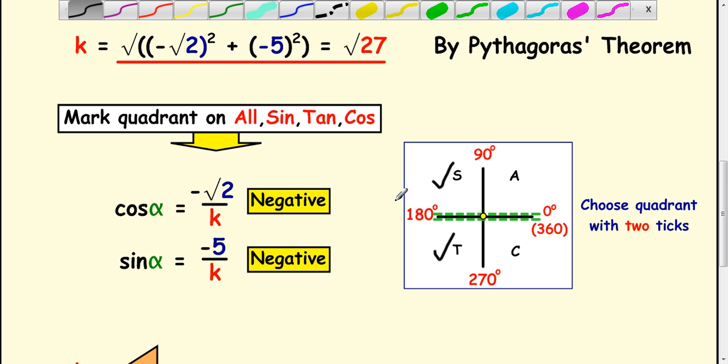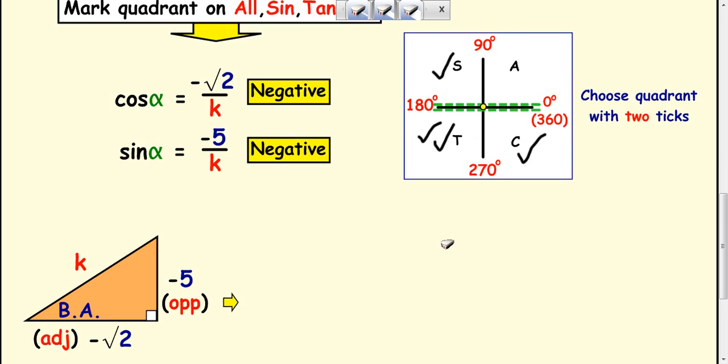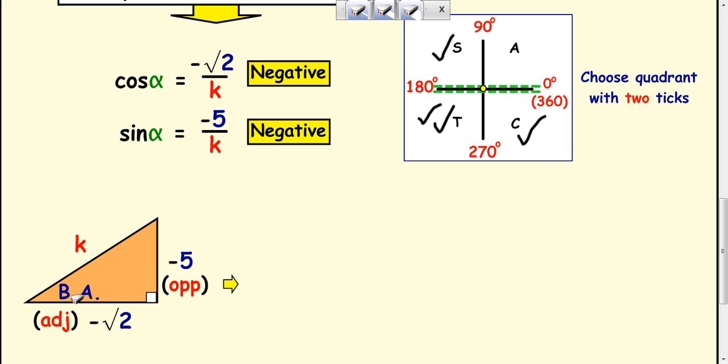So sine is negative here and here. So we're looking at a third quadrant value for alpha. So looking at our right angle trigonometry here, then we've got tan is equal to negative 5 over negative root 2. So we'll write that down.